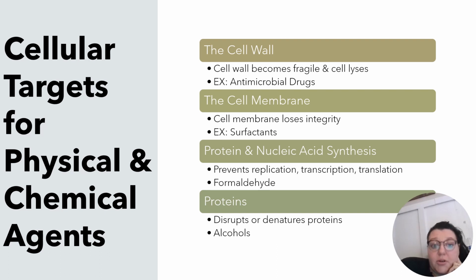And I have examples on here for you. And then we have the cell membrane. This is where that cell will lose its integrity. It prevents the replication, transcription, and translation by messing kind of with that protein nucleic acid synthesis, and then it will disrupt or denature proteins.